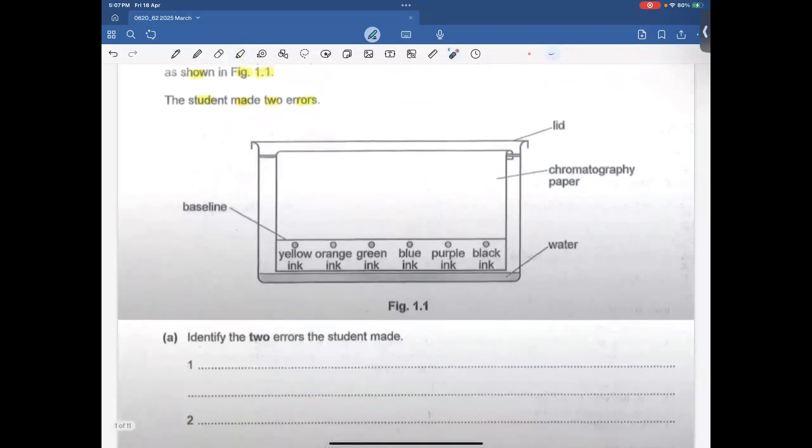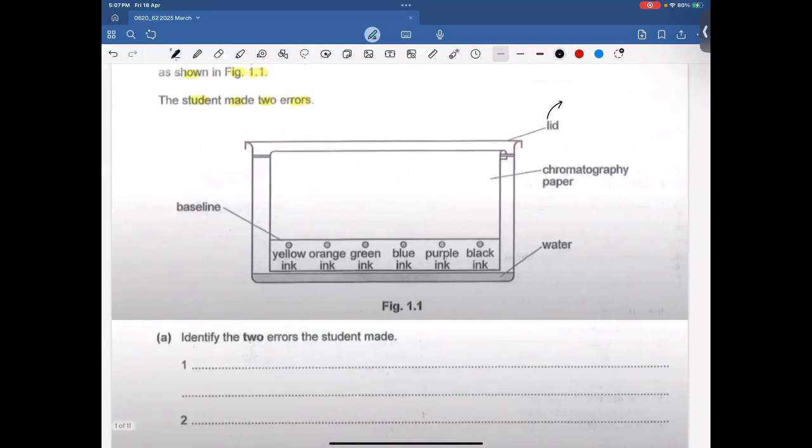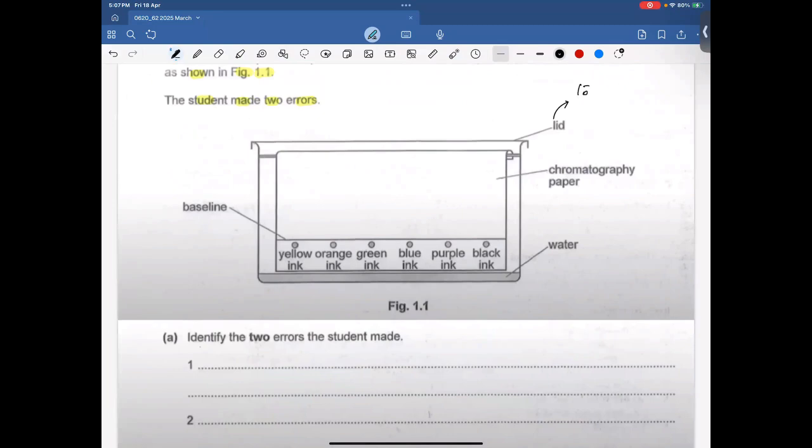अच्छा जी देखें, पहला एरर तो ये हो सकता था कि लिड नहीं होती, बट एग्जामिनर ने लिड लगा दी है. इसका मतलब this lid is used to prevent the evaporation of water. That's a function of the lid.